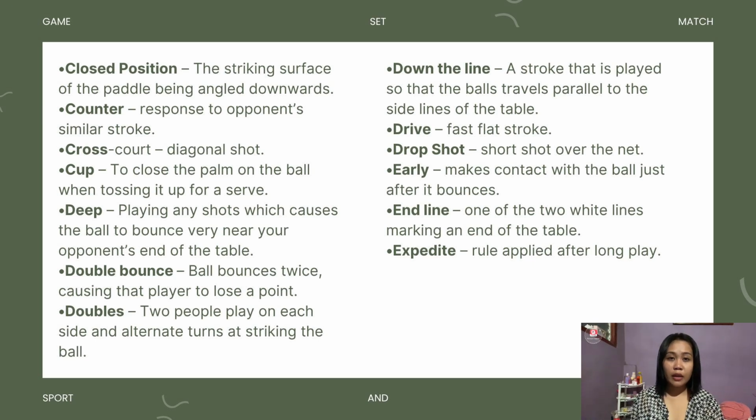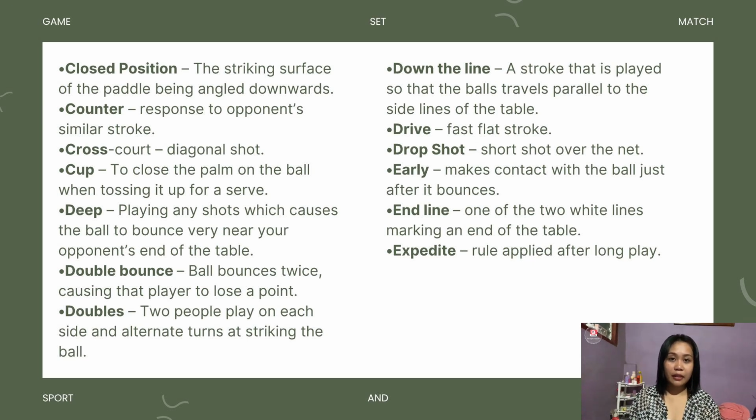And the term early means contacting the ball immediately after it bounces on the table. This technique gives the opponent less time to react. And the end line is the white line located at each end of the table and marks the playing boundary.